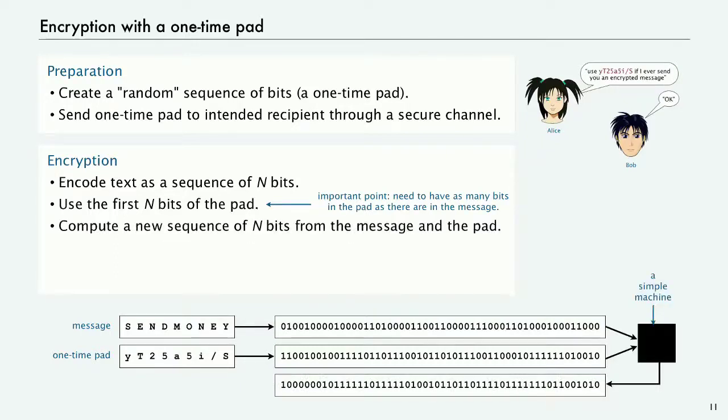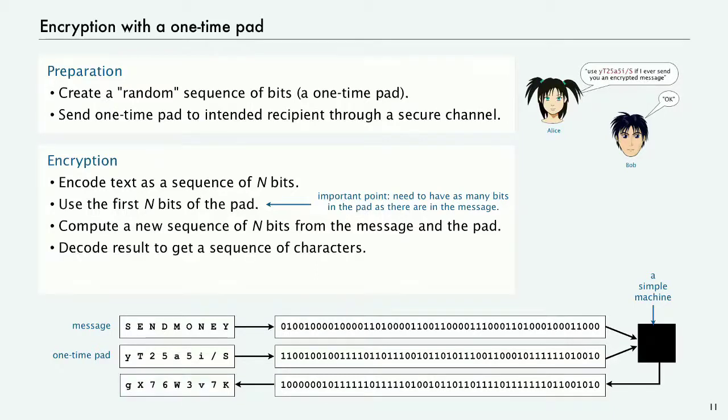And then what we're going to do is have a very simple machine, a simple computing device that just works with sequences of bits and computes a new sequence of bits, taking the message and the pad as input. Very simple machine, and we'll look at how that machine works in just a minute on the next slide.